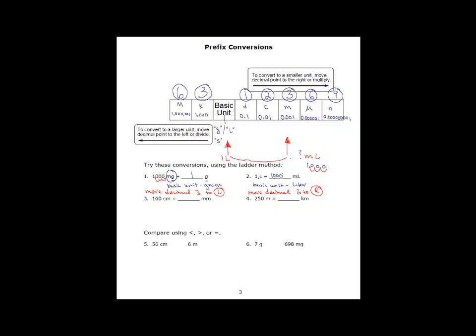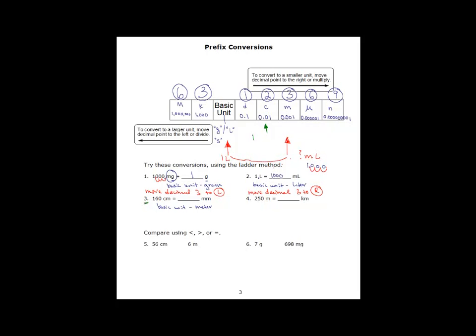Okay. So number 3, 160 centimeters to millimeters. So our basic unit is the meter. We are starting off, I'll do this in a different color. So do number 3 in green on the ladder. Okay, so we're starting off at centi.